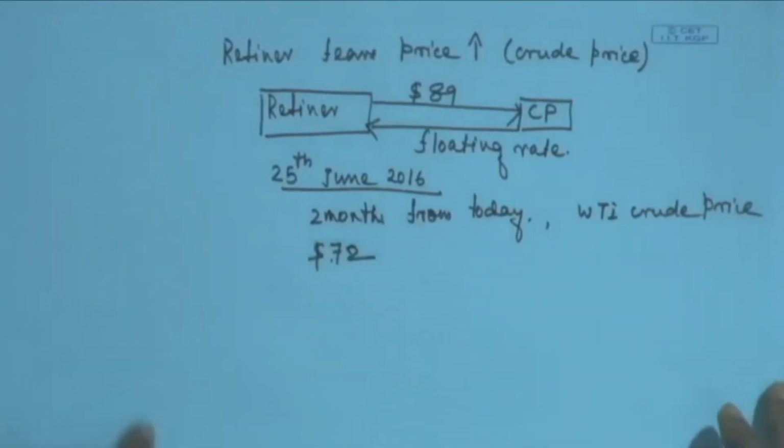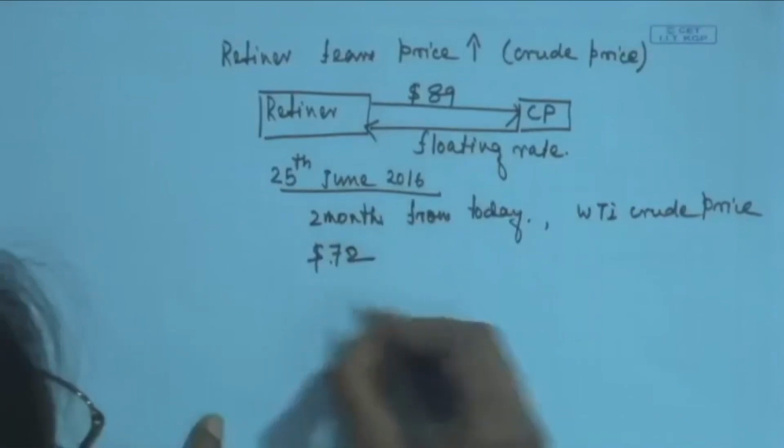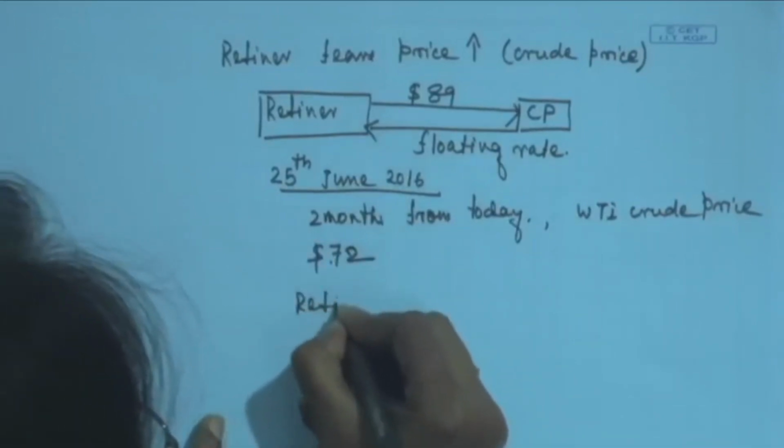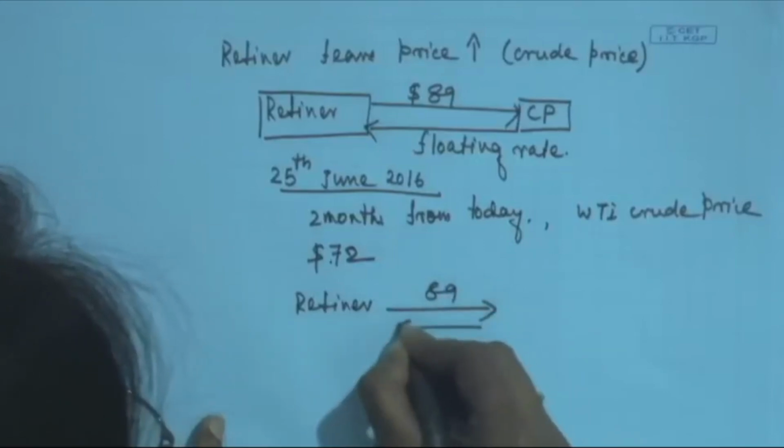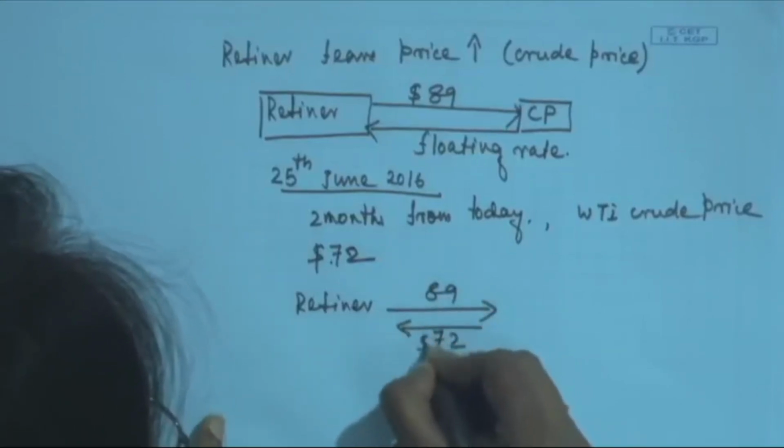So what will happen? Two months from now, the refiner will pay 89 and will receive 72, which is the floating price.